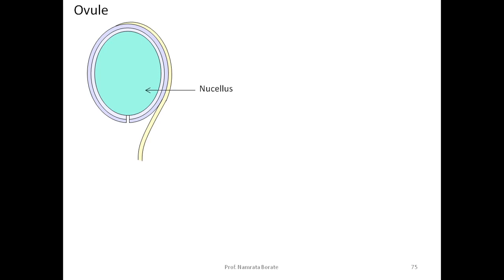A single hypodermal cell in the nucellus, near the micropylar end, is differentiated as the archesporial cell. This archesporial cell divides into an outer parietal cell and an inner sporogenous cell.